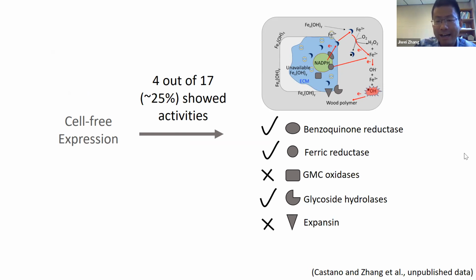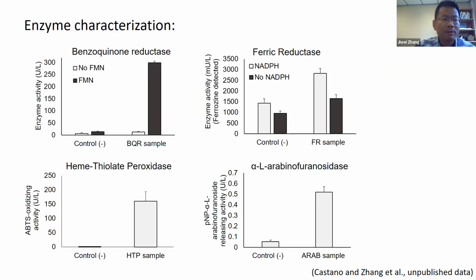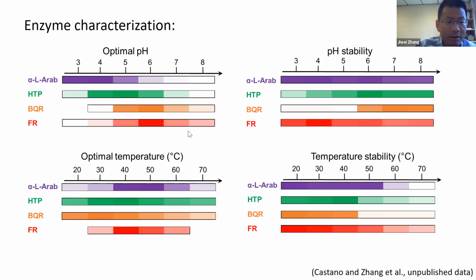And a ferric reductase, which is an enzyme that reduces iron 3 to iron 2. Some of the other hydrolases were also successfully expressed to have activity. So we characterized the enzymes' activities, and then we characterized the pH and other characteristics of the enzymes.